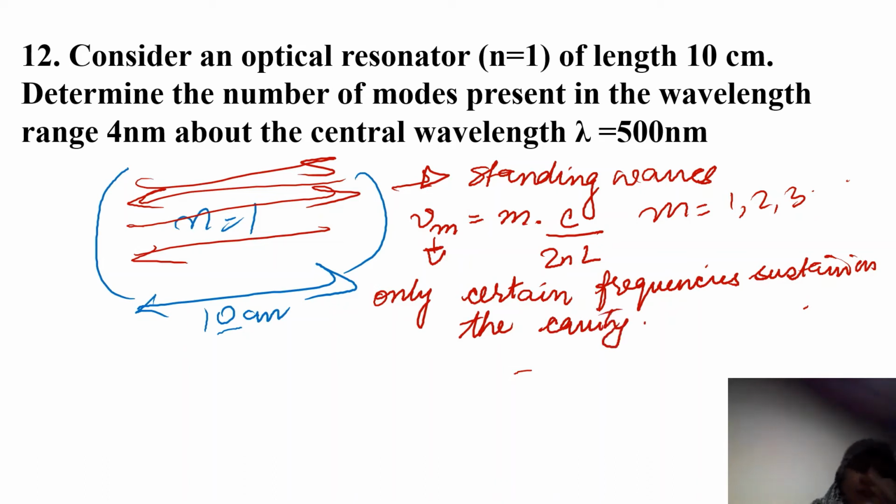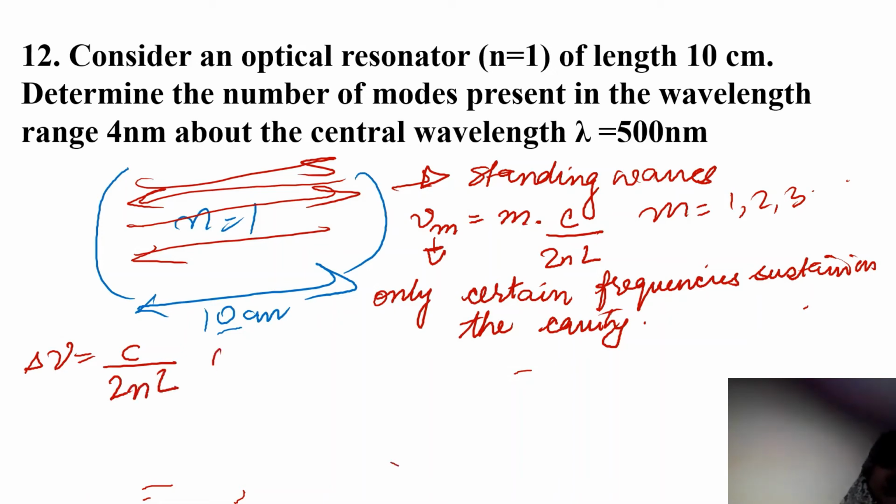If you want to find the frequency separation between these modes, what will you get? Delta nu will be equal to c by 2nL.